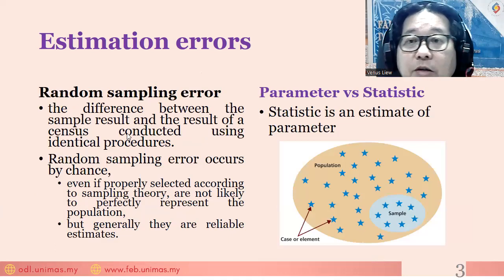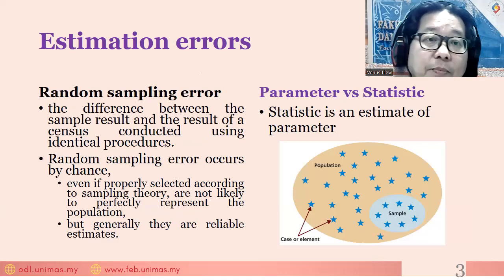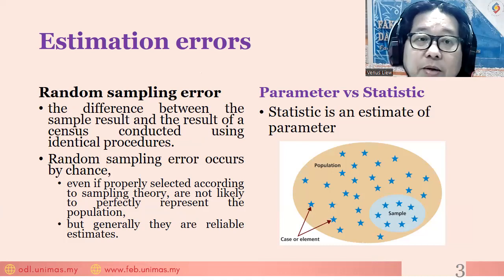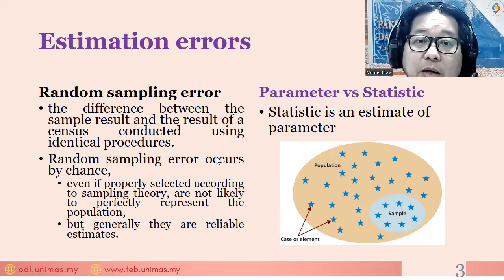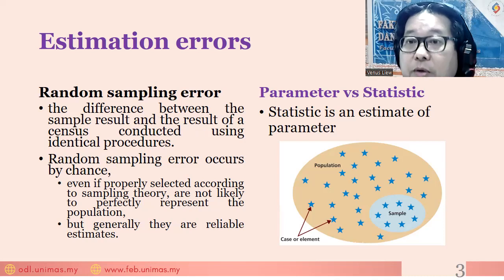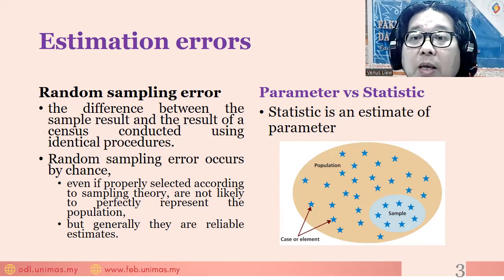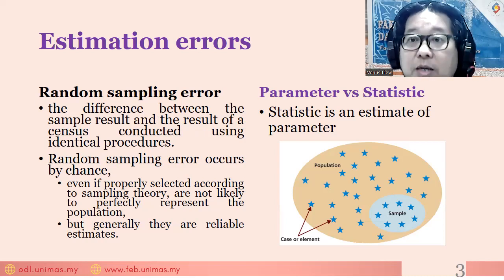The other kind of survey error is random sampling error. It is the difference between the sample result and the result of a census conducted using identical procedures. A random sampling error occurs by chance. No matter how well we do our sampling procedure, there will be estimation error.